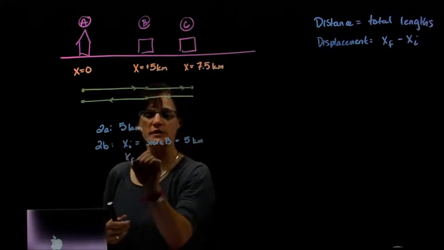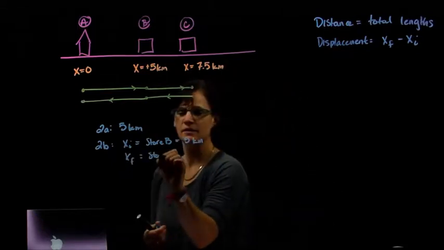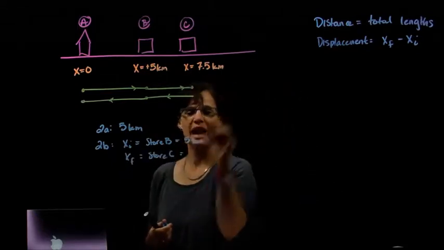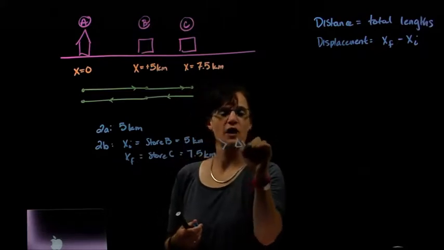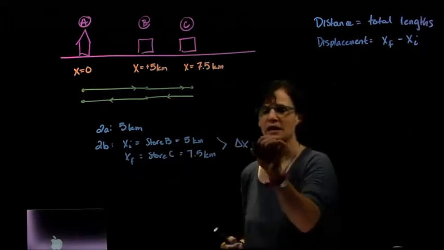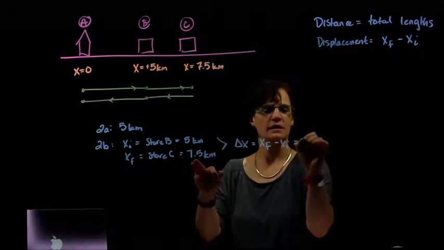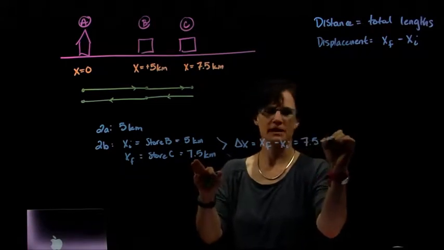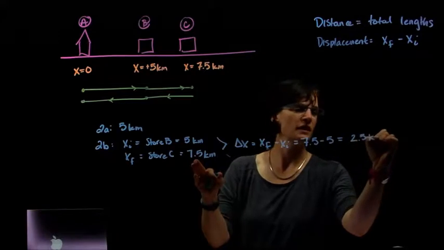Her final position, she ends at store C, which is at position 7.5 kilometers. So if I want her displacement between B and C, I take her final position minus her initial position, 7.5 minus 5, and her displacement is 2.5 kilometers.